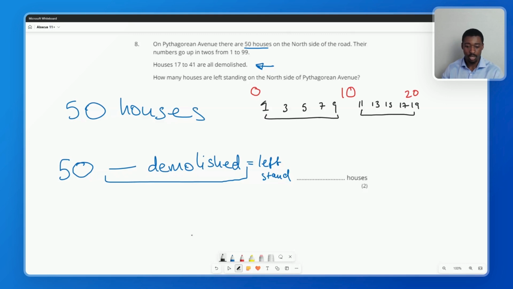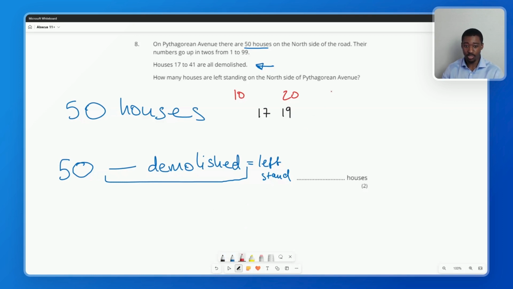So now we're trying to work out the number of houses between 17 and 41, because that will tell us how many houses are demolished. Going from the 10 to 20 bracket, we're going to have house number 17 and house number 19 demolished. Then in the 20 to 30 bracket, we're going to have 5 houses demolished, like we worked out, there's 5 houses every 10.